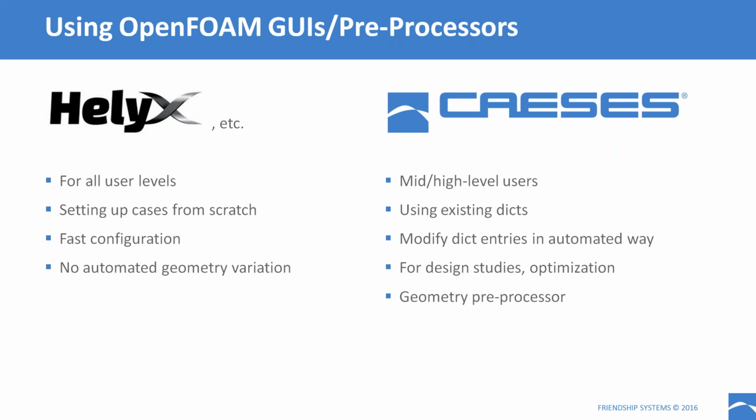And we are able to modify entries in these dictionary files within CAESES in an automated way, which we will see later on in Carsten's part of the presentation. And CAESES is meant to be used together with OpenFOAM to carry out design studies or optimization where the geometry is varied and we want to trigger the computation automatically for all the designs that are being created. CAESES can also be used as a geometry preprocessor in order to clean up the geometry and make it ready for the computation.